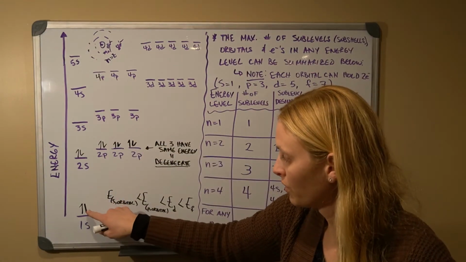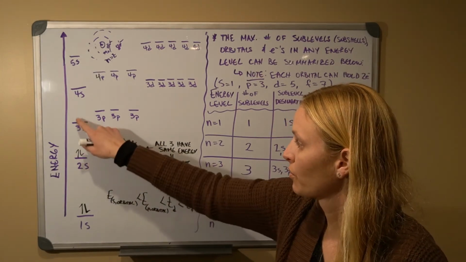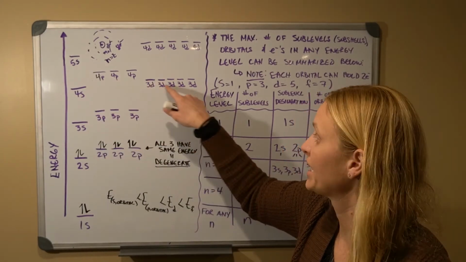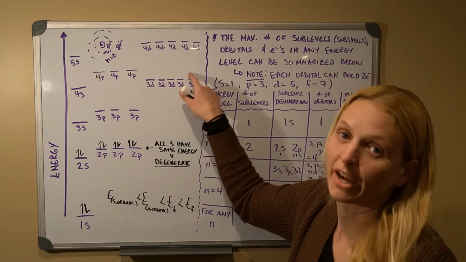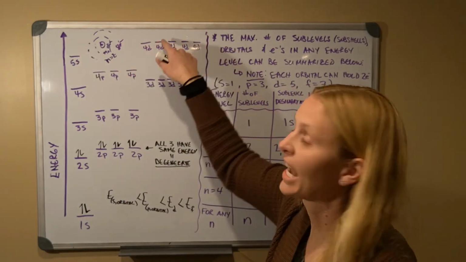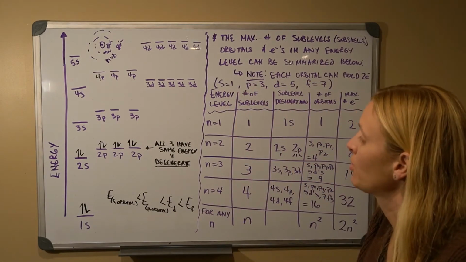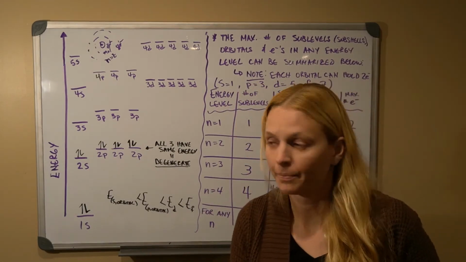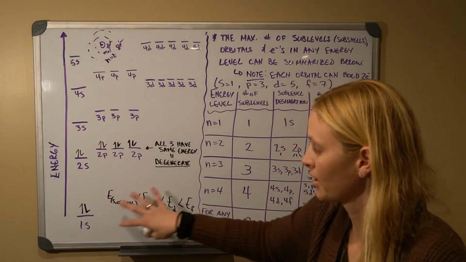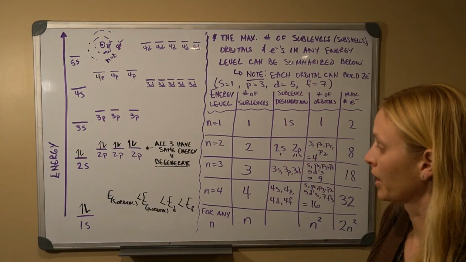So 1s2, 2 electrons, 2s2, 2p6, 3s2, 3p6, 4s2, and then we jump to the 3d10. There's 5 here, so we can have 10 filled. 4p6, 5s2, 4d10, right? And so that's our electron configuration as we build up on the periodic table, and we can do that for any different element. We're going to use this a good bit shortly when we do electron configurations.